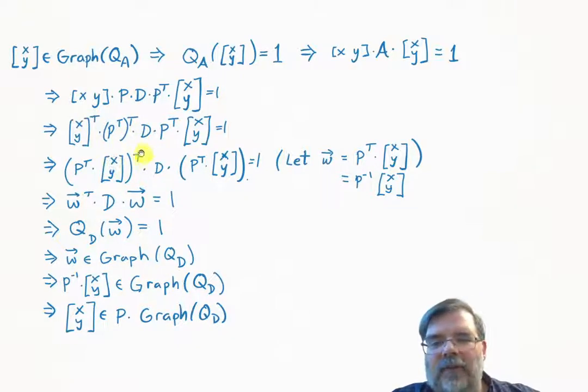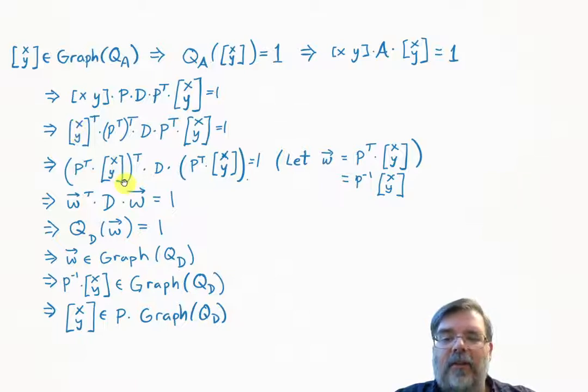So I can factor out a transpose up here, then I need to switch the order of these two. And so I get P transpose on the left and the vector (x, y) on the right. I have to group those in parentheses, but I'd also like to group these two terms in parentheses as well. Notice how we have the same thing appearing twice? P transpose times (x, y)?